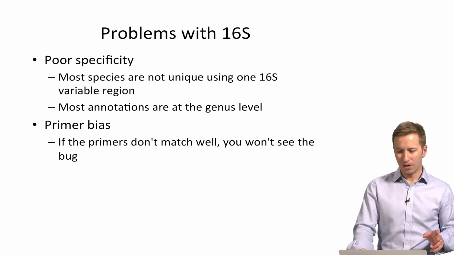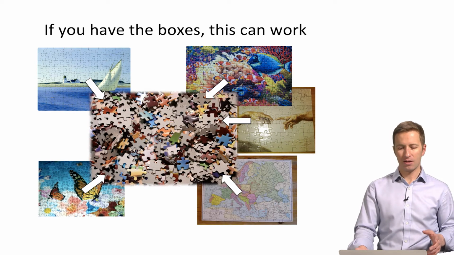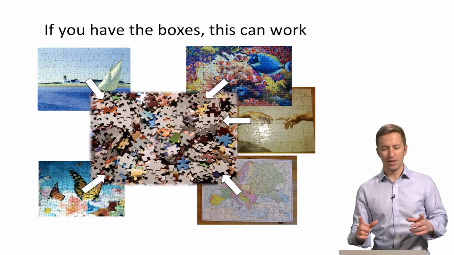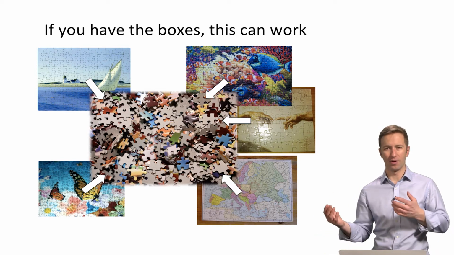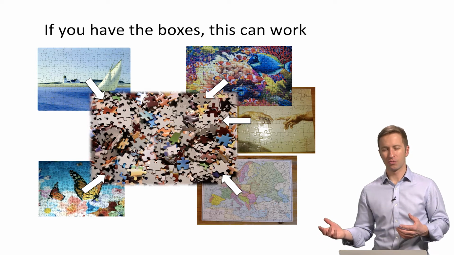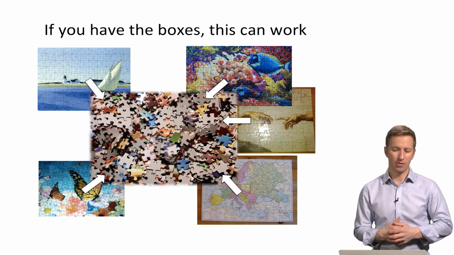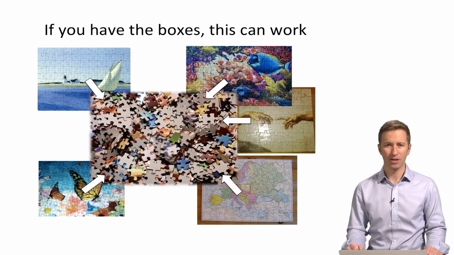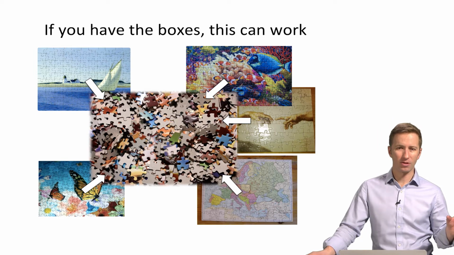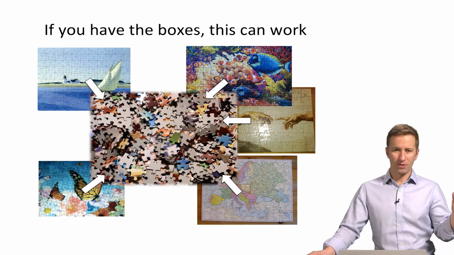However, I mentioned early in the semester that if you have the box lids, then you can actually figure out the taxonomy really well from the shotgun data. So this works great in well-characterized environments. For example, human gut, we have most of the common members represented with full genomes, at least from some strain, in a reference database.